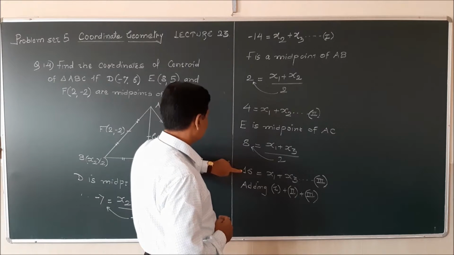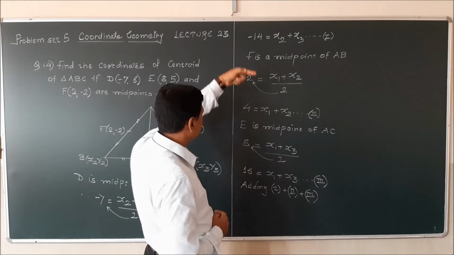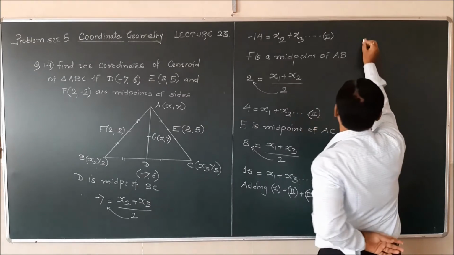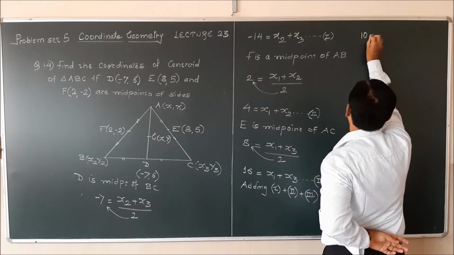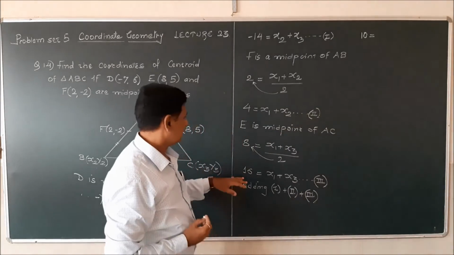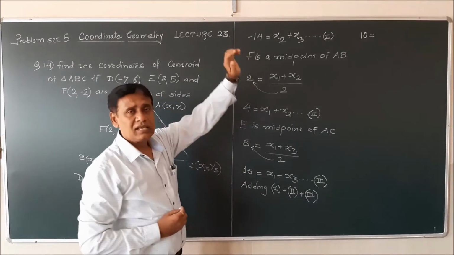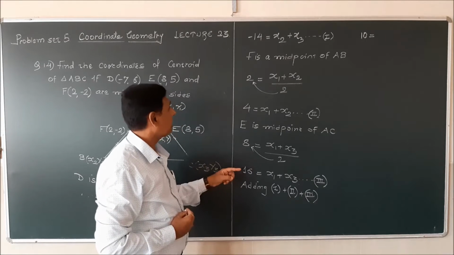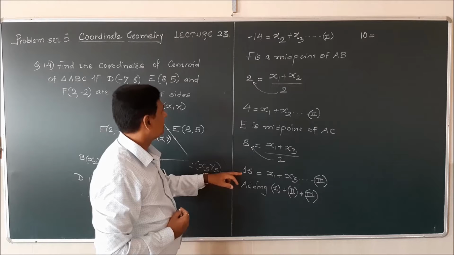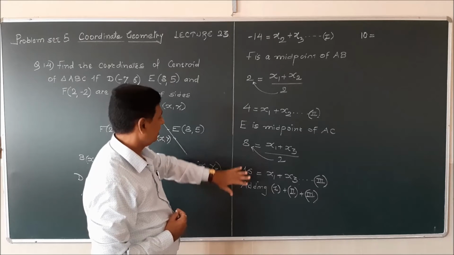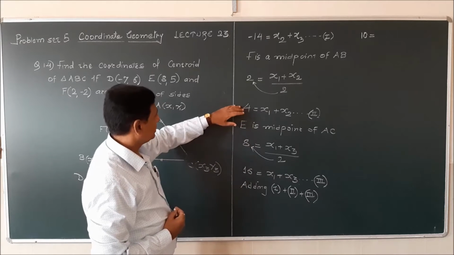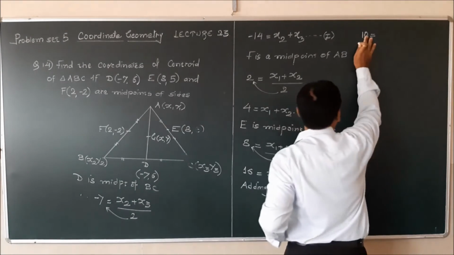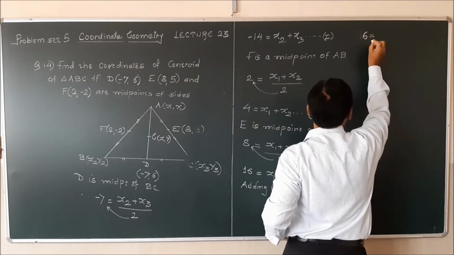Very simple: 16 minus 14 is 2, plus 4, that is 6.